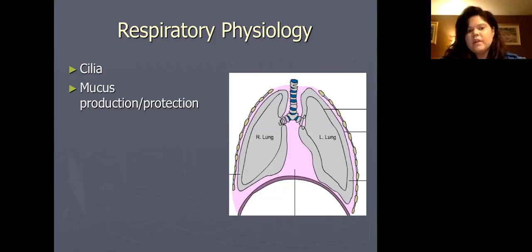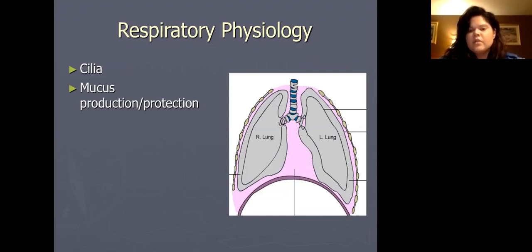Cilia are important to know about. They're like little legs that can push any kind of debris or dirt or anything that's not supposed to be in the respiratory tract. They're going to push all those things out, good stuff in.